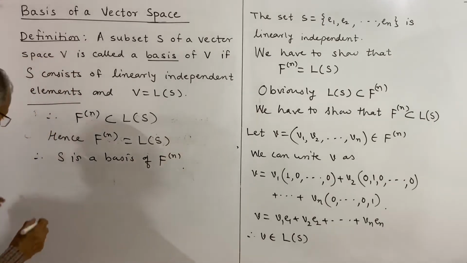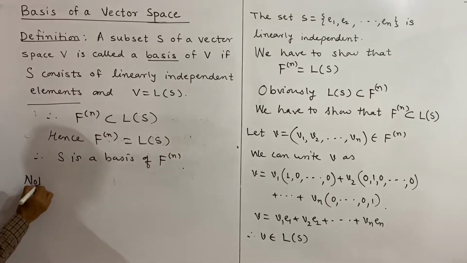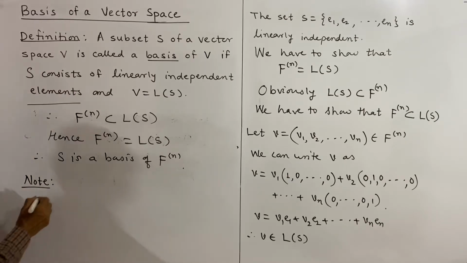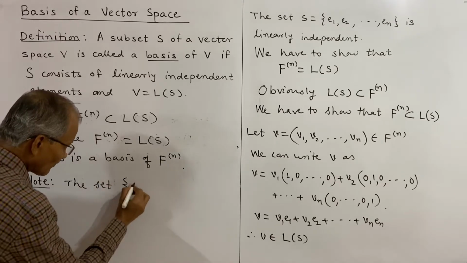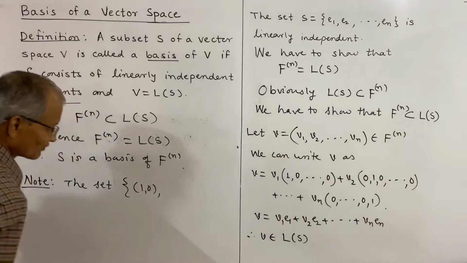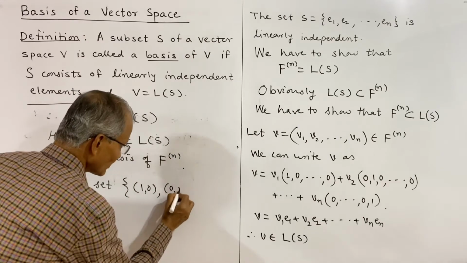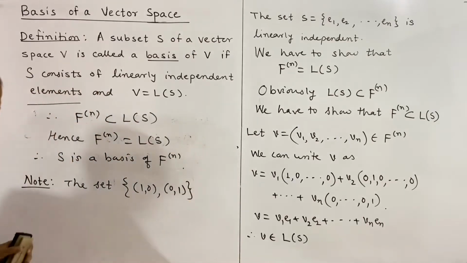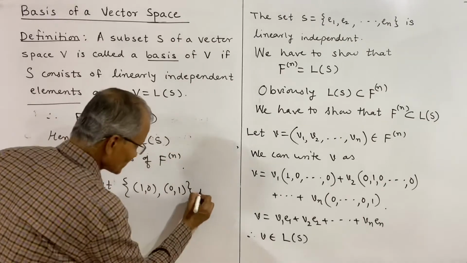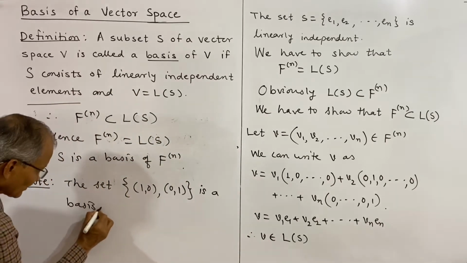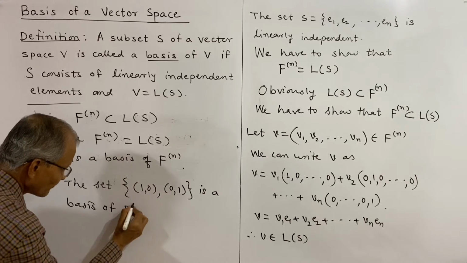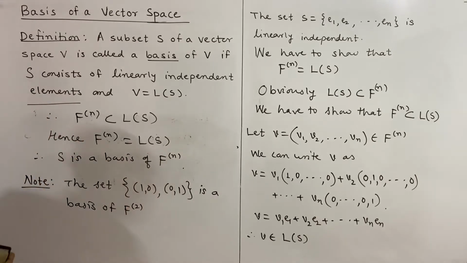Now likewise we can have the basis for F2, F3 etc. The set we may consider in two dimensions, (1, 0), (0, 1). These are linearly independent vectors, a basis of F2, two dimensions, or R2.